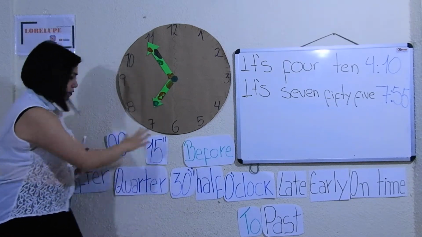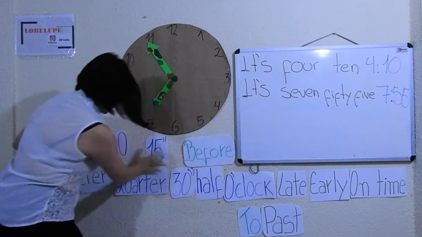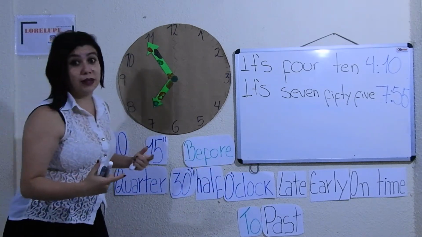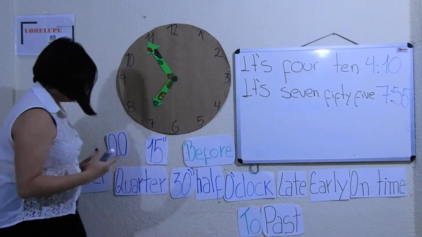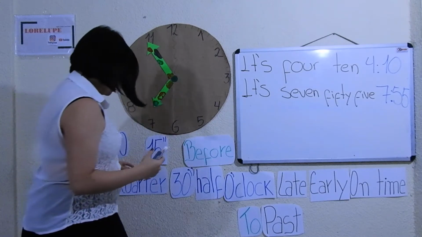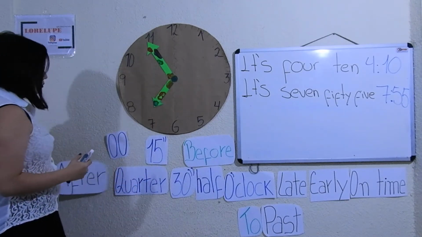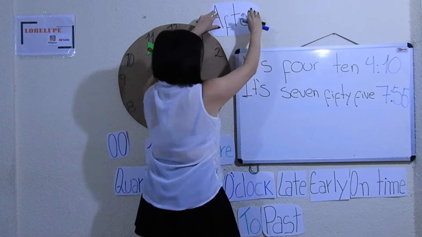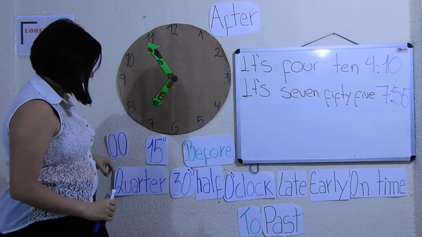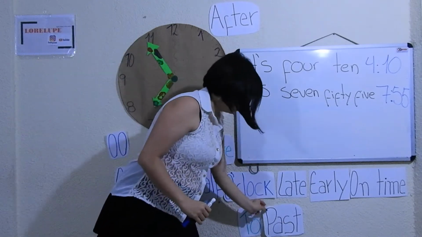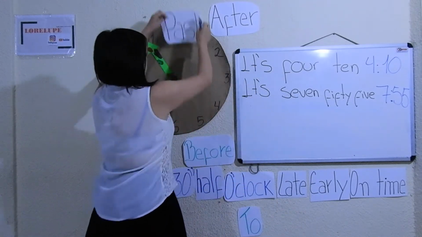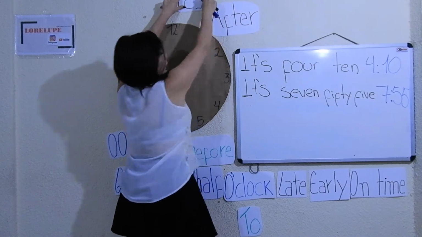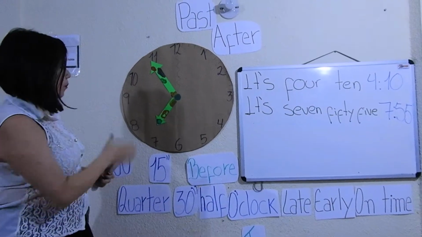Well, if you can see here in this part, I have some vocabulary that I would like you to take into account and practice. For example, we are going to stick the word after in this part and the word past. I'm going to explain to you why.